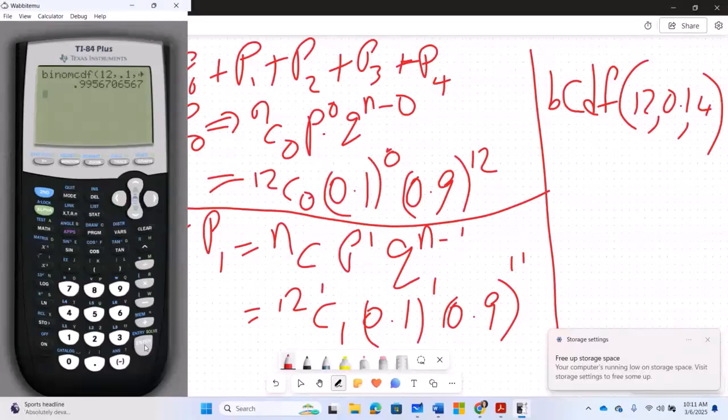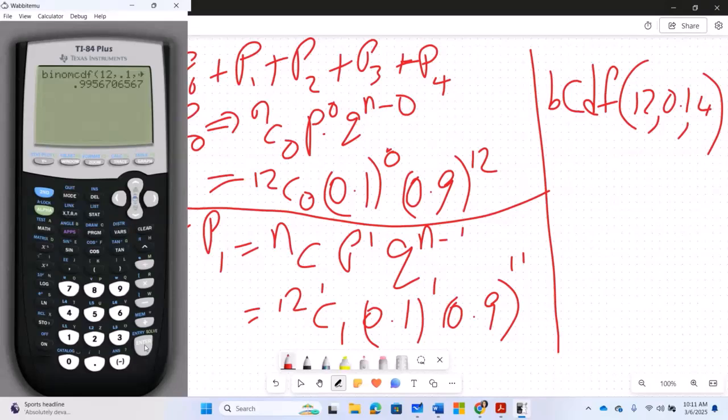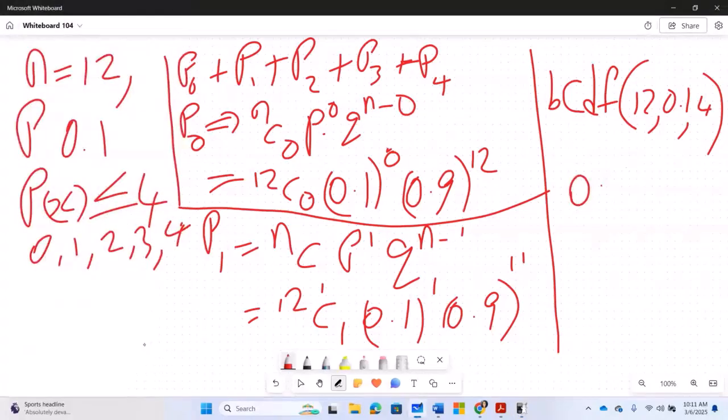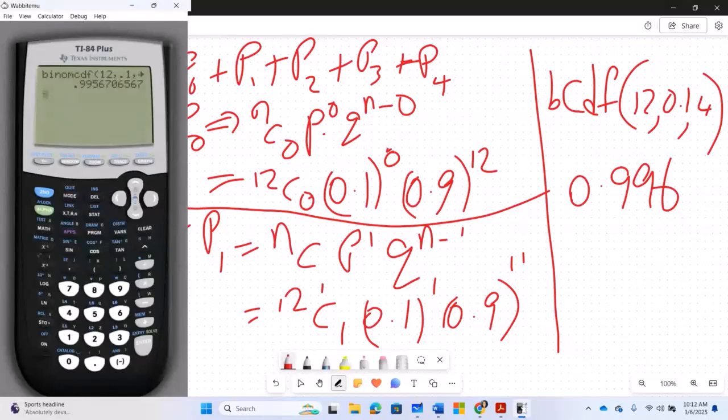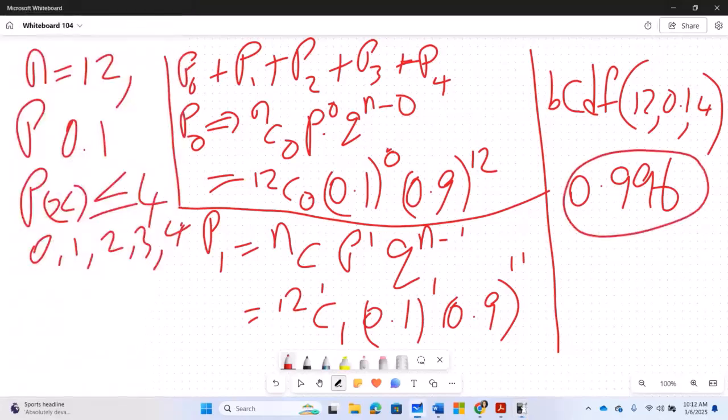When I hit enter, the probability of cumulating from 4 down to 0 is 0.996 to 3 decimal places. So I found that probability with the calculator.